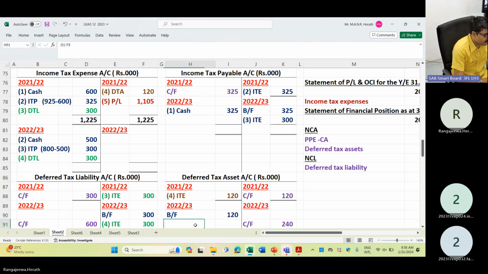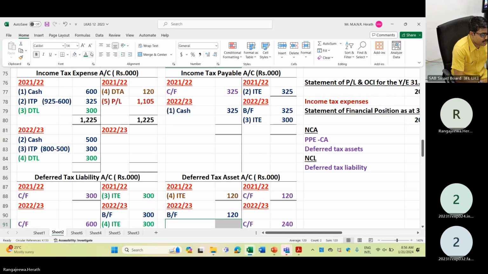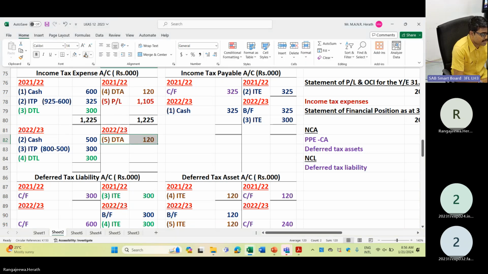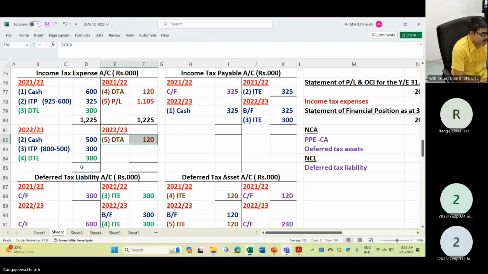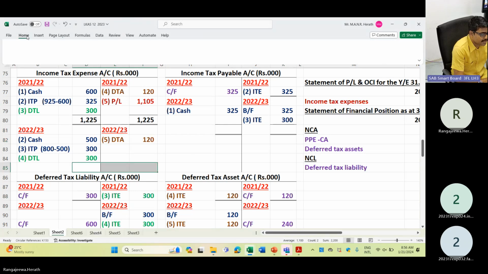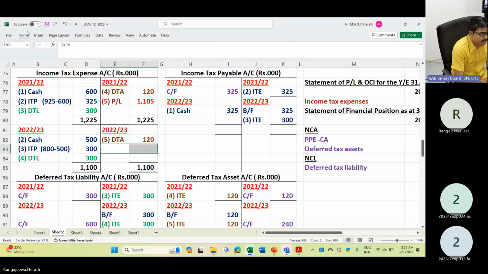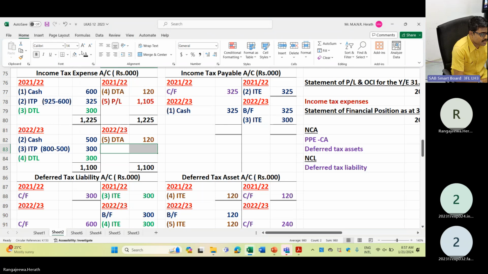Similarly, for the asset, opening balance 120 has now increased to 240, so another 120 creation. Deferred tax asset debit, income tax expense credit. So now you balance this tax expense account and identify the tax expense charged to P&L.